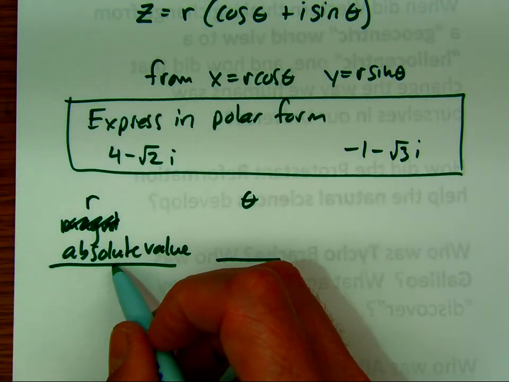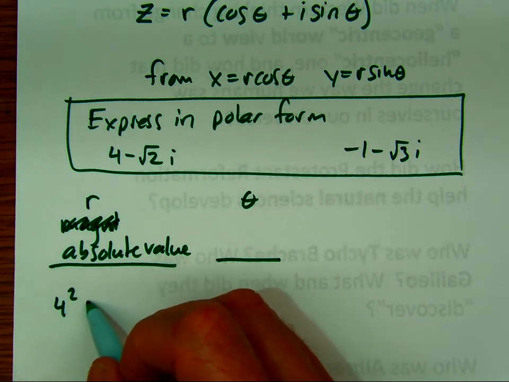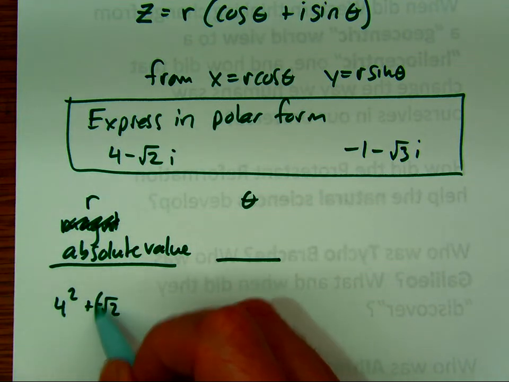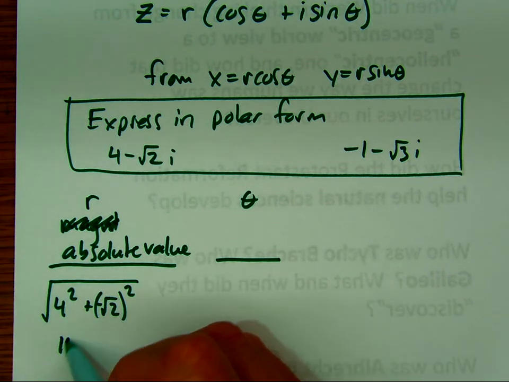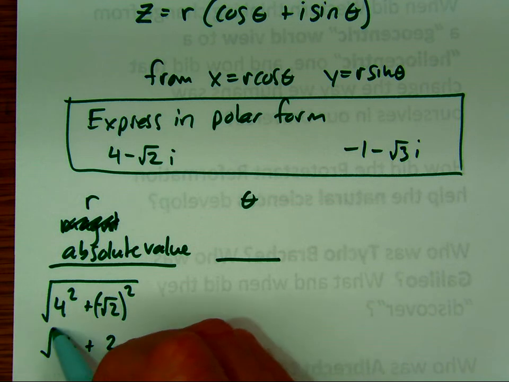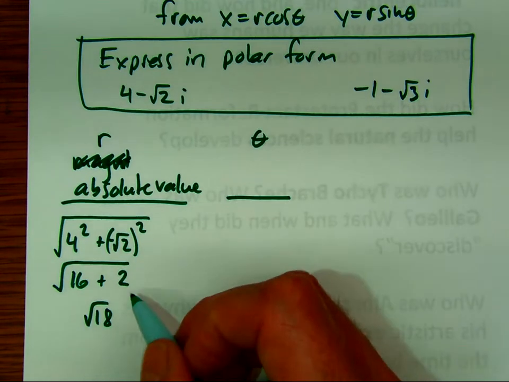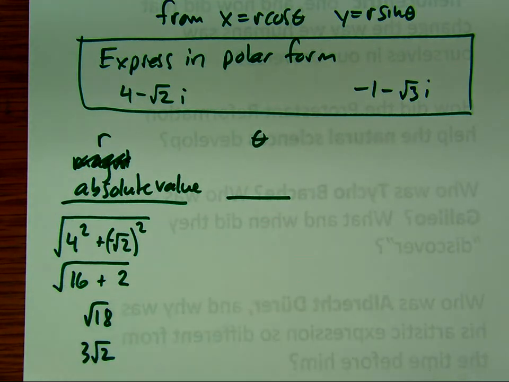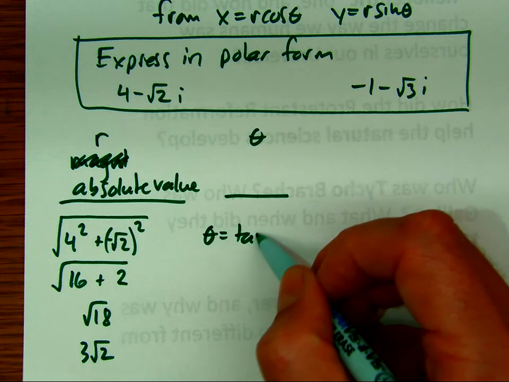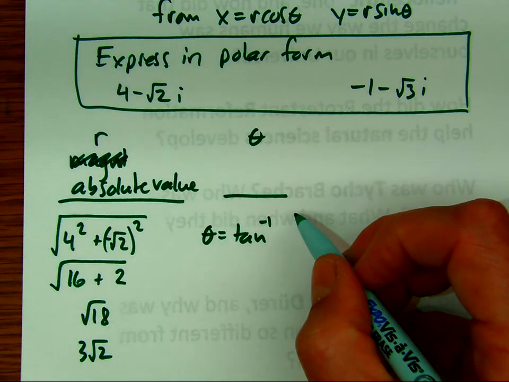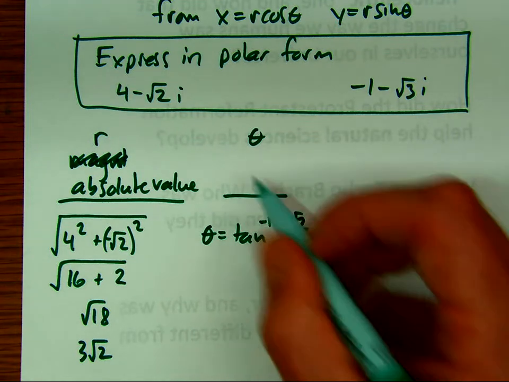So the absolute value is going to be 4 squared plus negative radical 2 squared, and theta is just inverse tangent of the vertical value, negative radical 2, over the horizontal value.